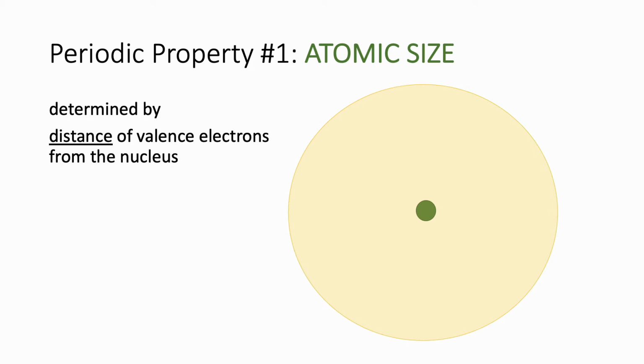Okay, well, if you think about the distance, the stronger the nucleus pulls on those valence electrons, the closer the valence electrons will be to the nucleus. So what we're looking for is strong forces mean smaller atoms, weak forces mean larger atoms.